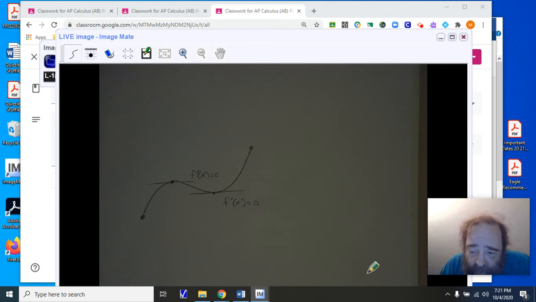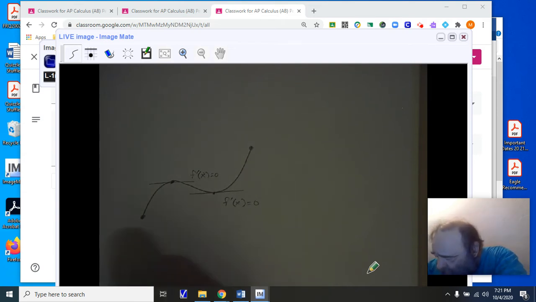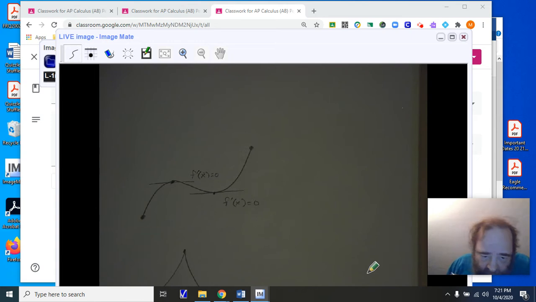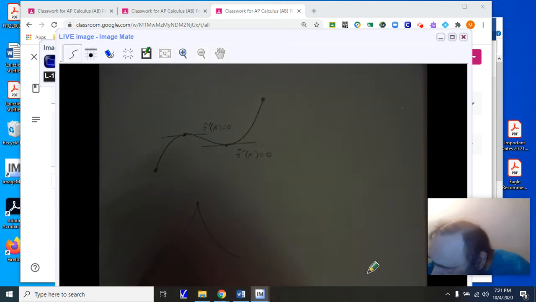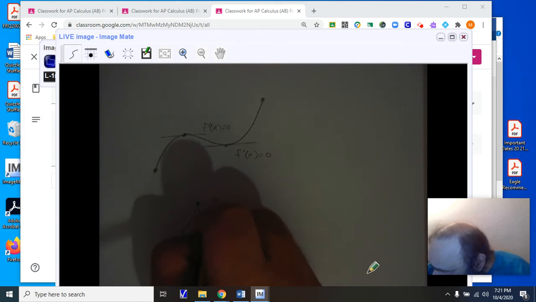Now, this comes into play when we start talking about absolute maximums and absolute minimums, because here is an example of an absolute maximum at a critical value that doesn't exist. So here we're looking at a critical value on the function f, and this is where the derivative of f of x does not exist.